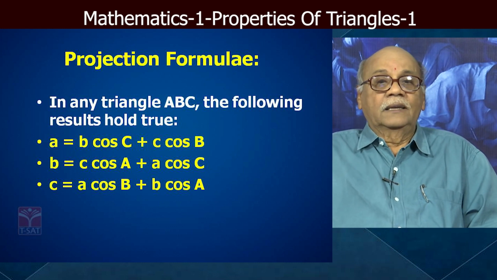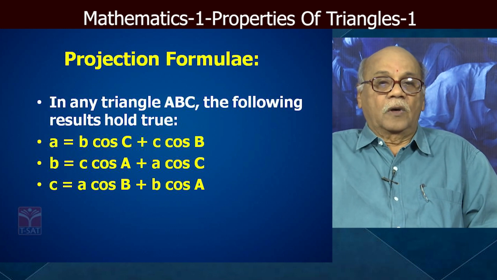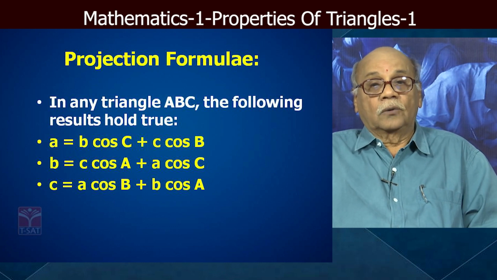Namely, small a is equal to b cos C plus c cos B, and small b is equal to c cos A plus a cos C, and small c is equal to a cos B plus b cos A. These three are called the formulae for the sides, and also are called projection rules.